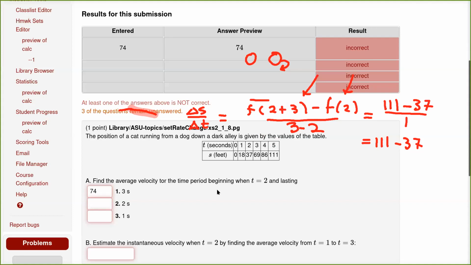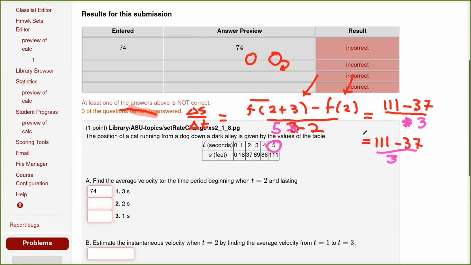Oh, it's because it lasts 3 seconds. I forgot about that, this was not right. Where I wrote 3 here, that's incorrect. Okay, so come back here. This should not be 3, it should be 5. And then instead of dividing by 1, we should be dividing by 3.